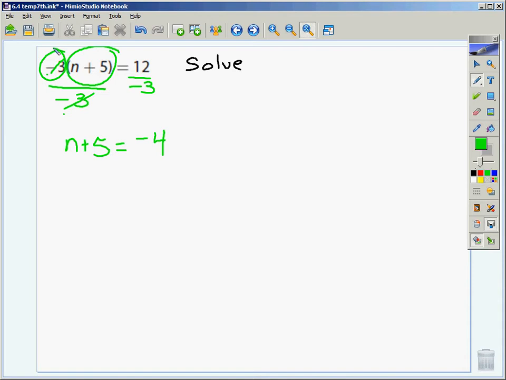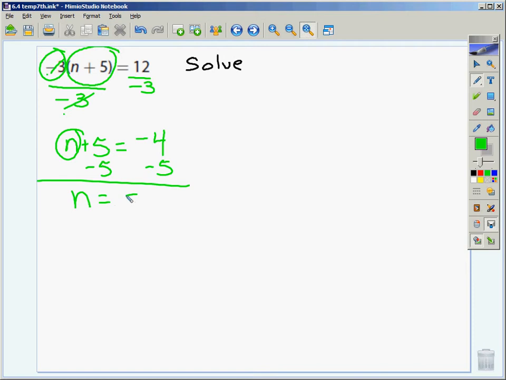A positive. Okay, now I still want to get what by itself? The variable. How do I get rid of the adding 5? Subtract 5. Do the -4 and the 5 have the same signs? Yes, they're both negative.